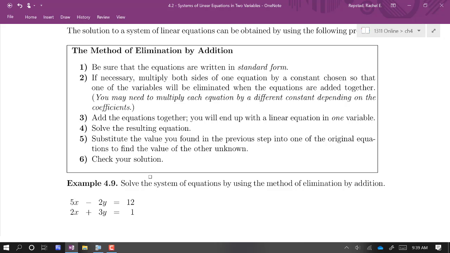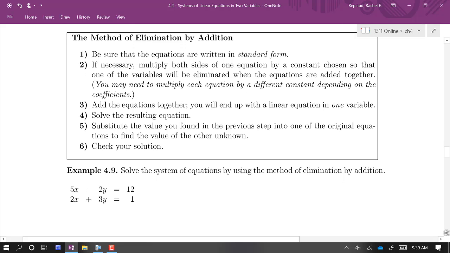Here we're going to pick a variable to eliminate, and in order to eliminate it, we're going to multiply one or maybe both equations by some constant, each equation by its own constant. And the idea there is that we're going to try to get it so that for the variable we've chosen, the coefficients in the two equations are equal and opposite each other. And so I'm going to show you what I mean by that here.